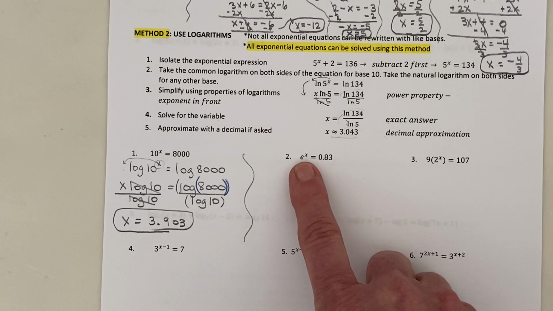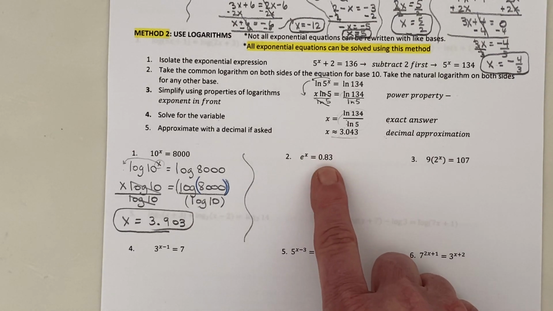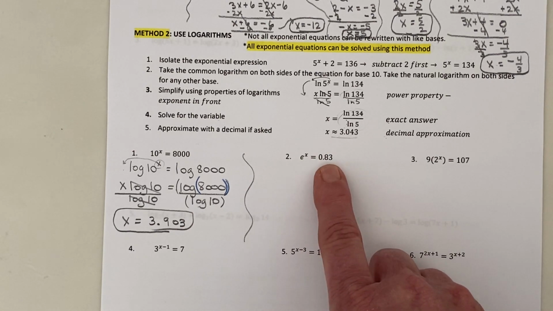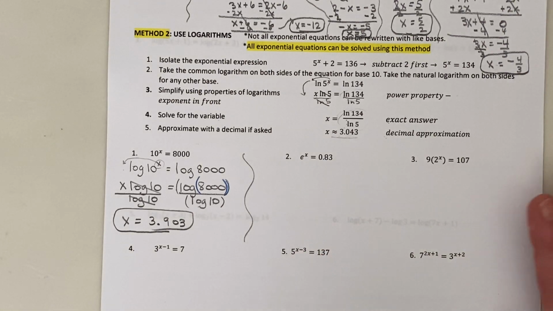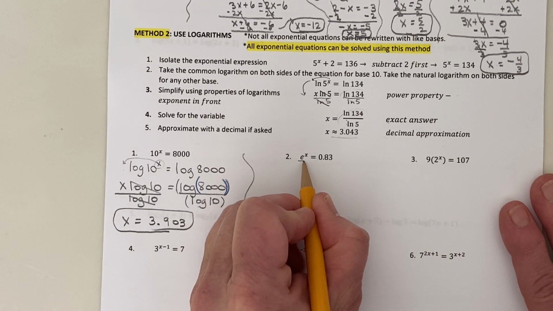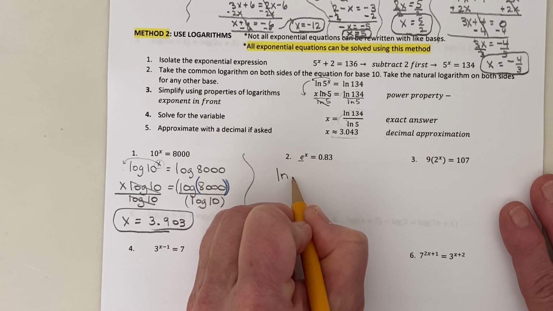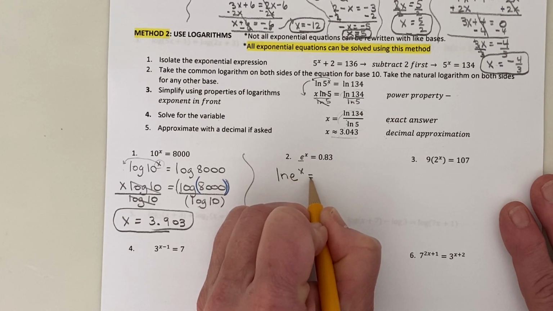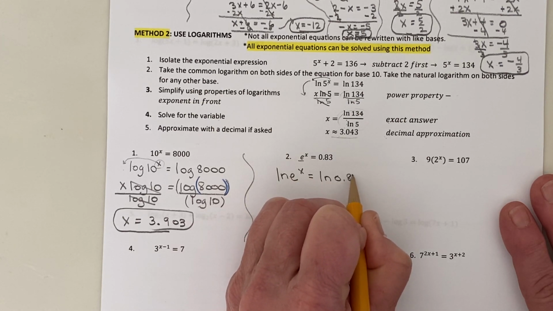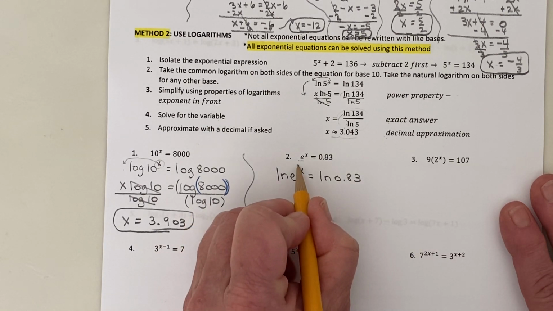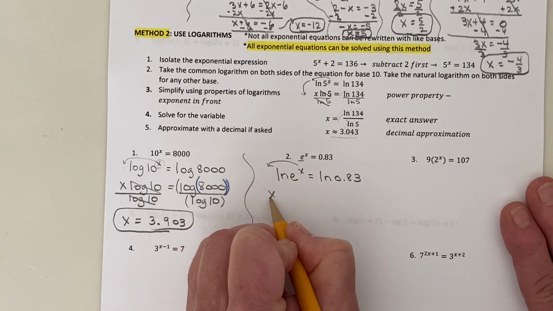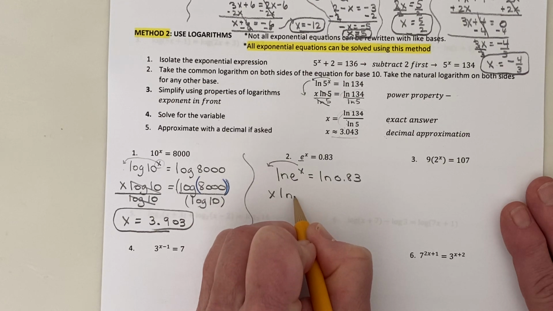Example 2, we want to solve this exponential equation. I cannot rewrite this as a power of e, so we're going to have to use this method too. I see base e, it's not base 10, so I'm going to put ln on both sides: ln e^x equals ln 0.83. Using a property, x times ln of e.